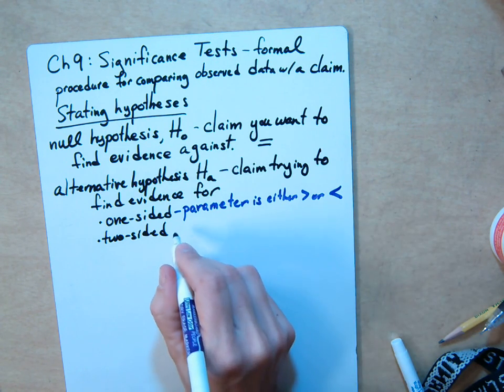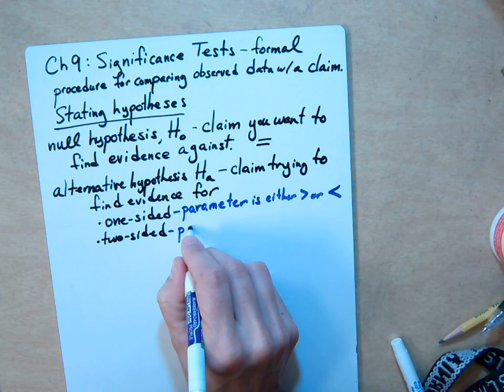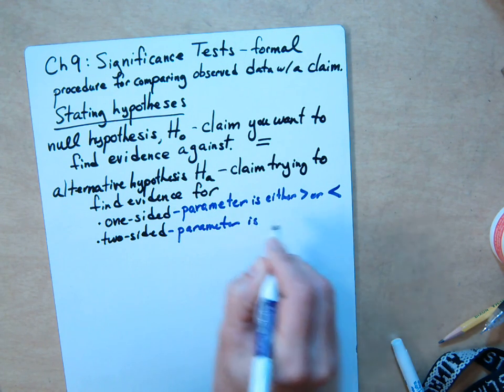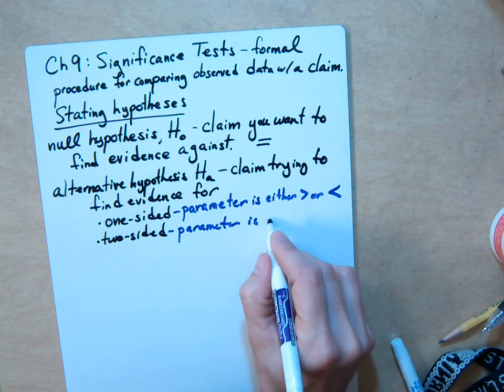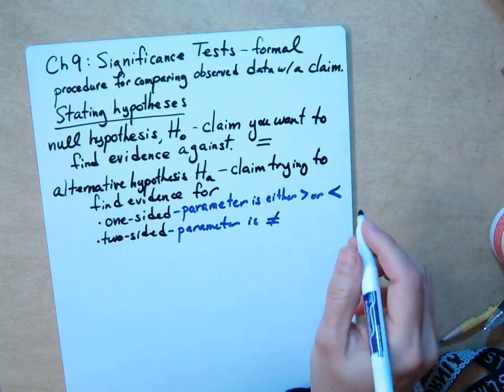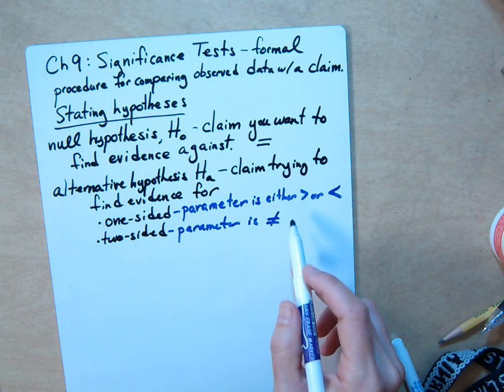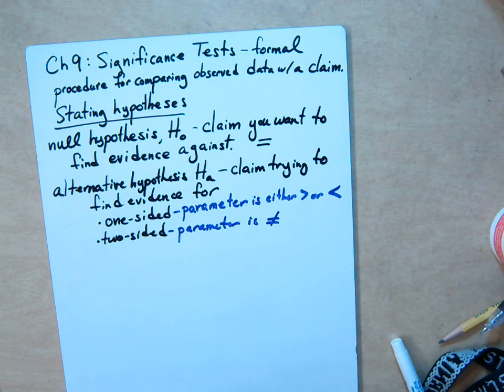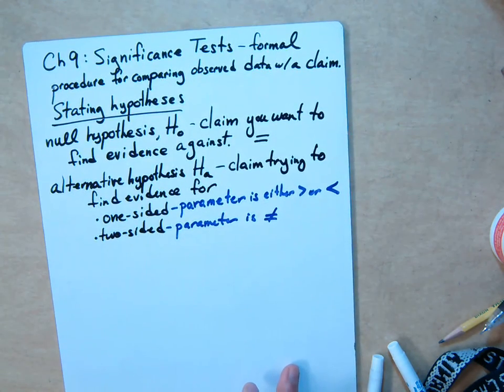Two-sided is if the parameter is different, not equal to the null hypothesis. So one-sided is either greater than or less than. That's why it's called one-sided. Two-sided, the parameter is not equal to.